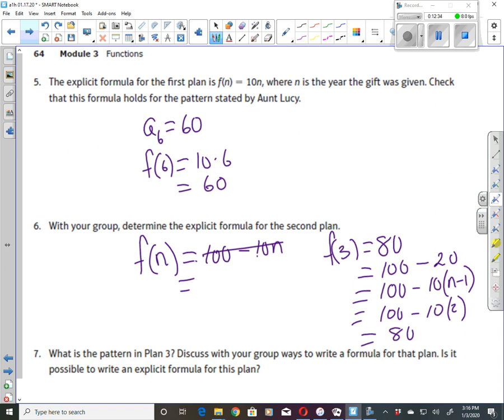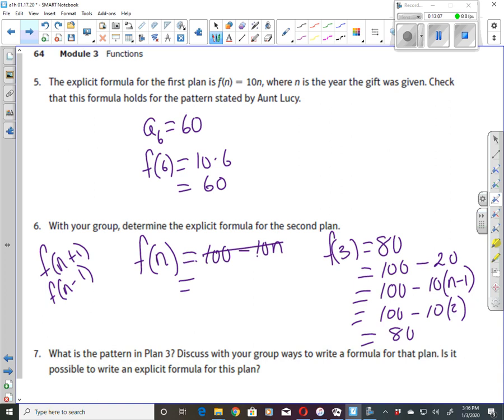Let's write it this way, and this is going to seem a little weird, but we had talked before about subscripts. If I had said f of n plus 1, that's going to be a year in the future, right? But if I go f of n minus 1, that'll be the previous year.